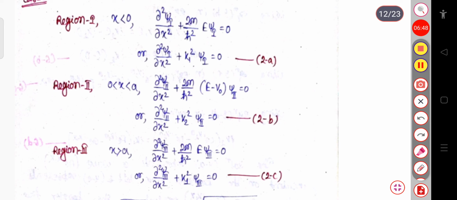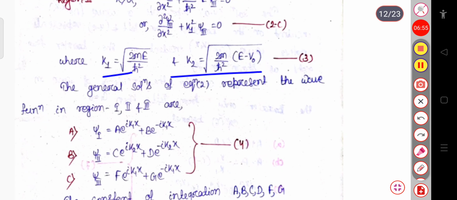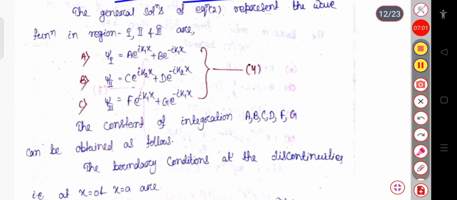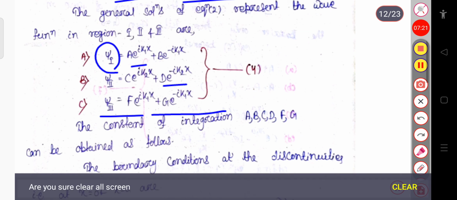Now here first let me write the solution, after that we will put the boundary conditions. You can see the values of k1 and k2 are written here. The general solutions to these equations, since there are three regions, are ψ1 = A e^(ik1x) + B e^(−ik1x), ψ2 = C e^(ik2x) + D e^(−ik2x) and ψ3 = F e^(ik1x) + G e^(−ik1x).